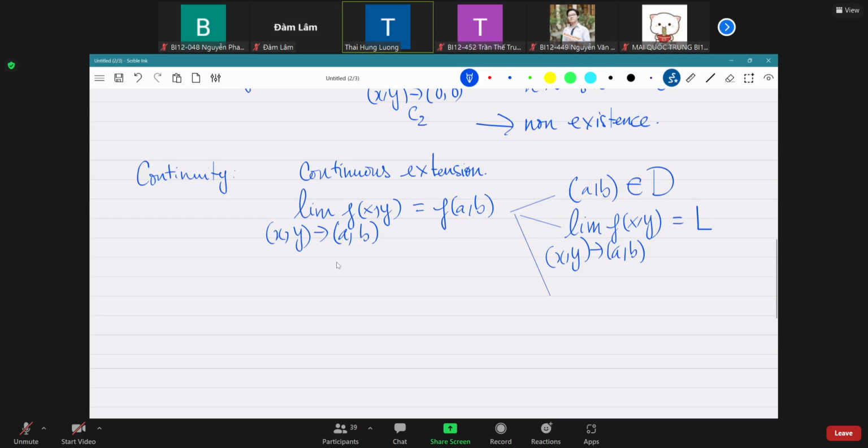You should find the limit of this function. And the last condition is the value of the limit should be equal to f at (a, b). So if you want to prove the continuity of a function at a specific point, you need to verify the three conditions.